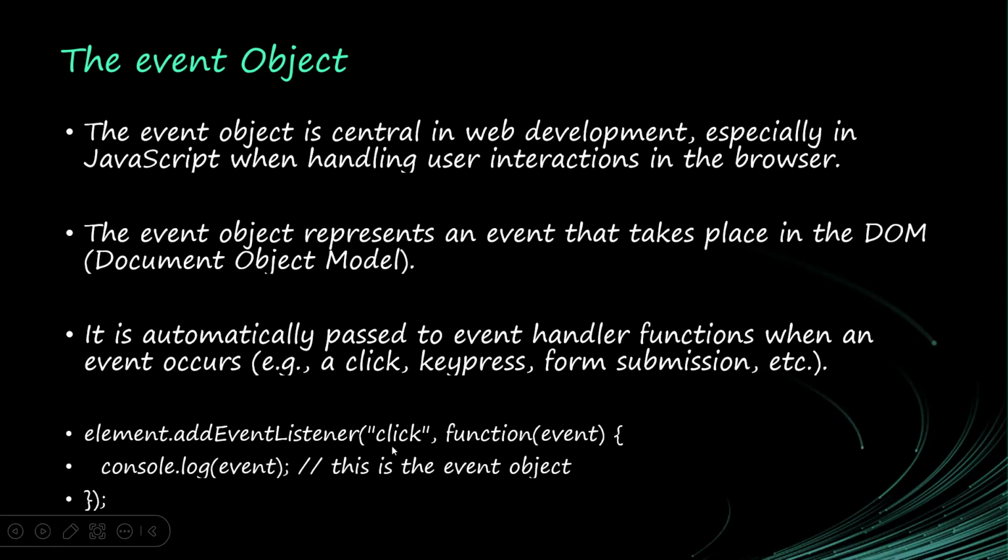What event do we want to listen to? We are listening to the click event. So whenever the user clicks on this element, this function will be called. And while calling this function, the browser will give you this event object, inside of this parenthesis, as an argument. And when you get that, you can now work with this event object however you wish to.